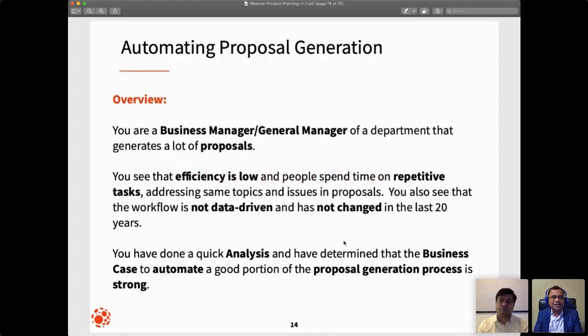So let's take an example. Let's build a system that automates proposal generation. What is proposal generation? You have a department, let's say in a capital intensive industry, and you do a lot of proposals for your customers constantly. As a business manager, you notice, hey, I'm reinventing the wheel every time.